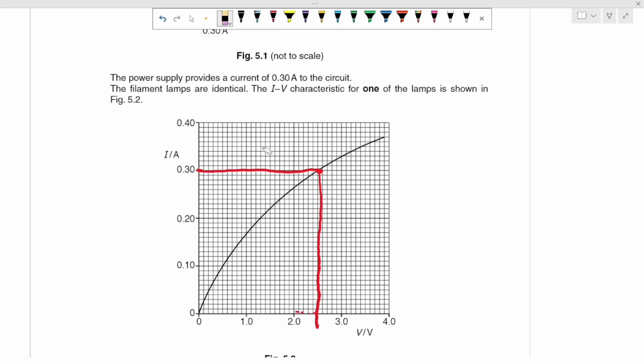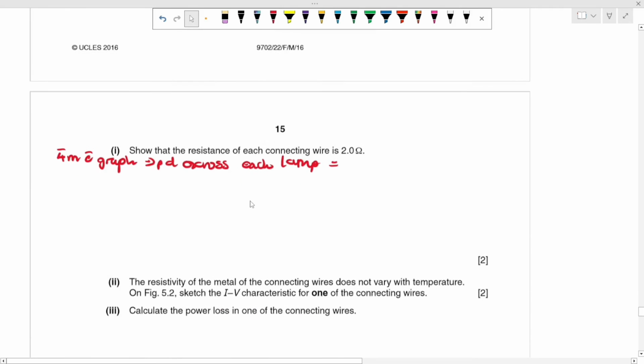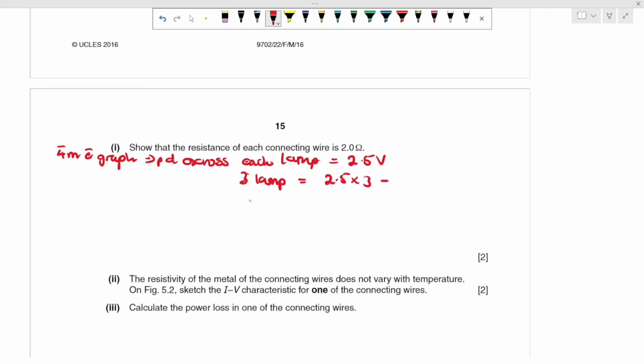So it means that one filament lamp, if it is exposed to a current of 0.3, converts 2.5 volts to light. But we have 3 lamps, right? So across all 3 lamps our PD will be 2.5 times 3, which will just be 7.5 volts.